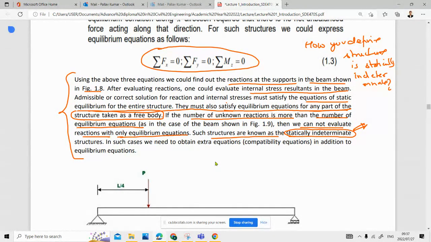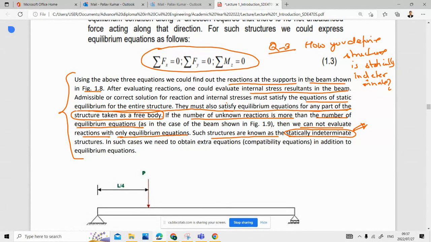Okay, is it fine? So this is your question number 3. So you have to define it.